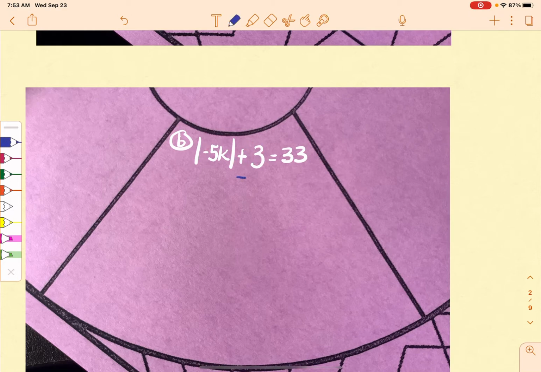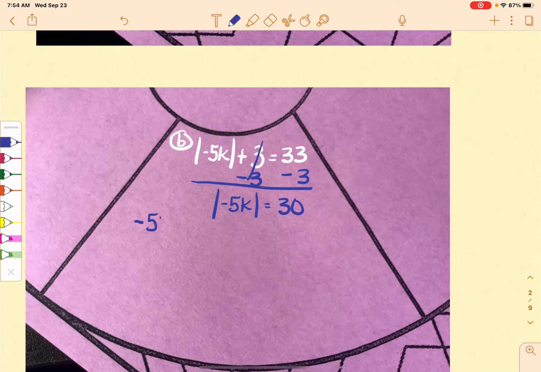The opposite of adding 3 is subtracting 3. So I have the absolute value of negative 5k equals 30. Now that the absolute value is by itself, I can do my 2 branches.